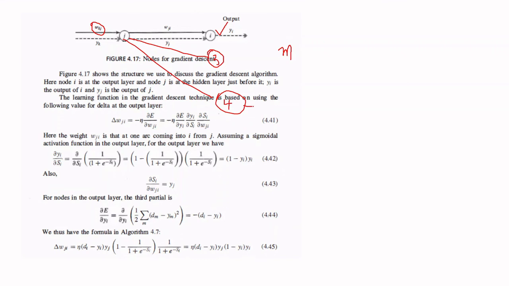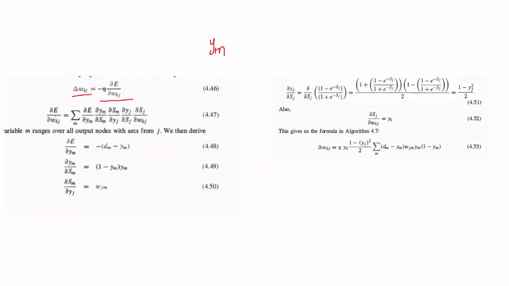So errors can be there in these nodes also, and these errors are also propagated back to this Wkj. For the layer connected to the output, the weights only depend on the output layer. But the hidden layer weights depend not only on this output, but on all the output nodes. That is why we have a sigma m.